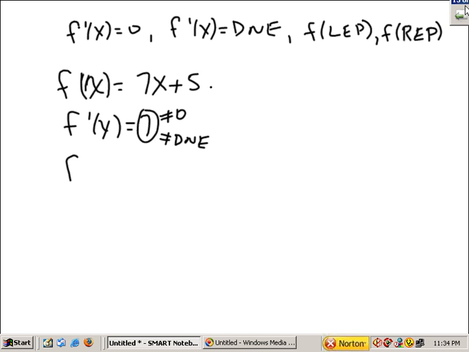If somebody asks you what f prime of 4 is, you should say it's 7, because there was no x. If somebody asks you what f prime of -7 is, it's 7. It's never 0. It's never undefined.